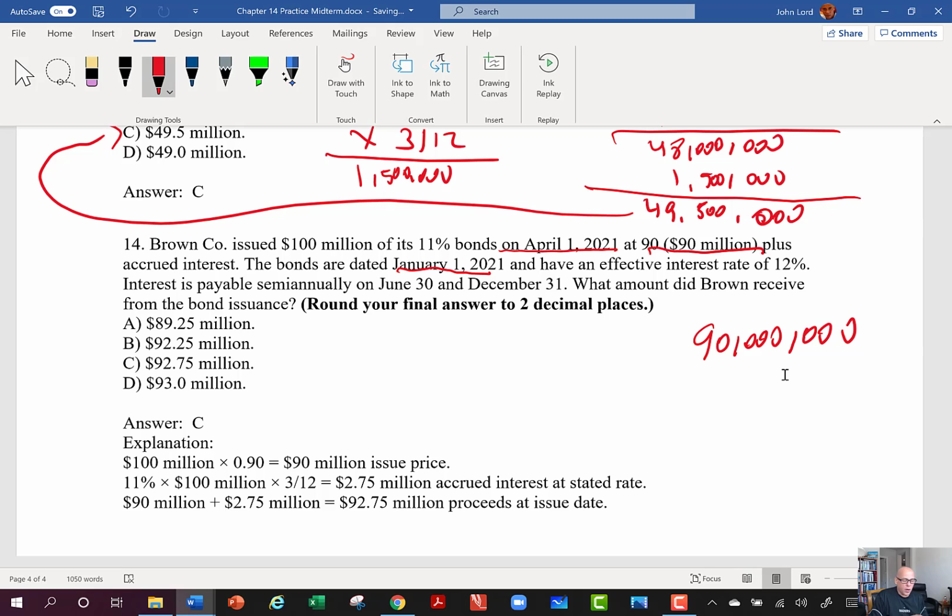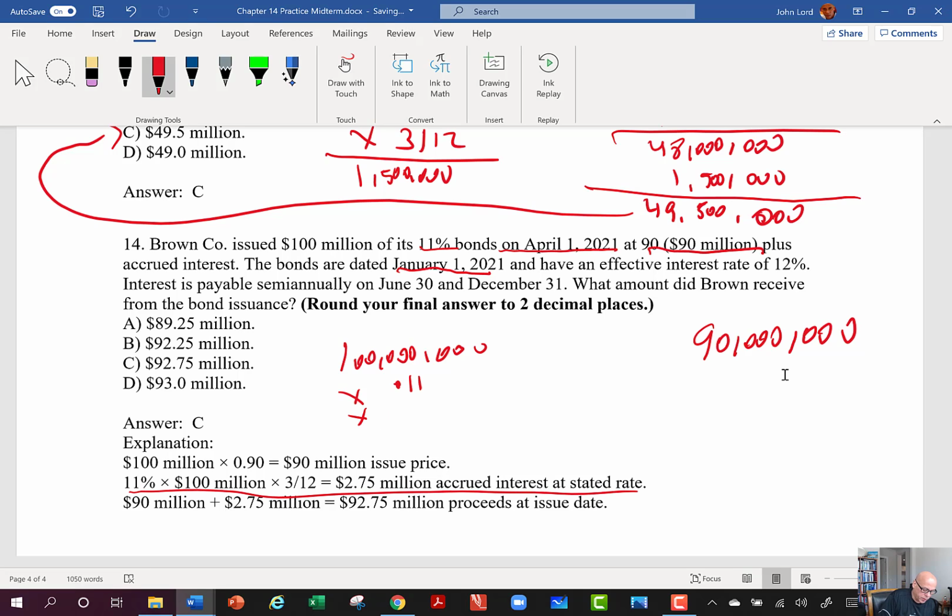So, again, we've got all of January, all of February, all of March going by. So, it's 100 million. Where's my 100? 1, 2, 3, 4, 5, 6, right? 100 million times what was the interest rate? Remember, we used the coupon rate, the stated rate, right? Times 0.11, and again, times 3/12.